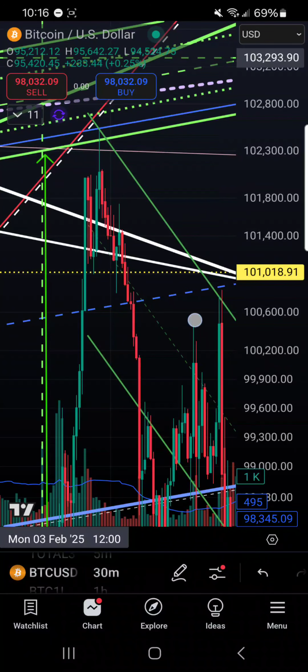do we just continue chopping down this channel into Friday morning? Note also that we did come out of this channel here. So do we continue chopping around down this channel, down to the bottom of the Gaussian channel, which is marked by this pink dotted line here?